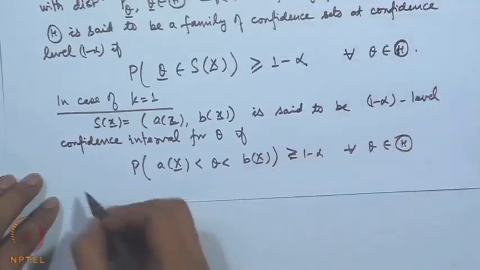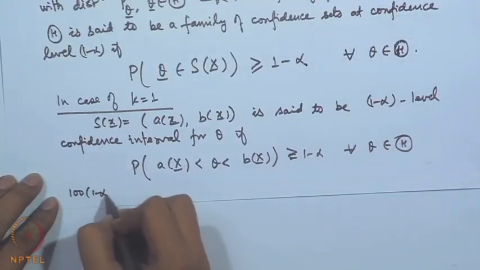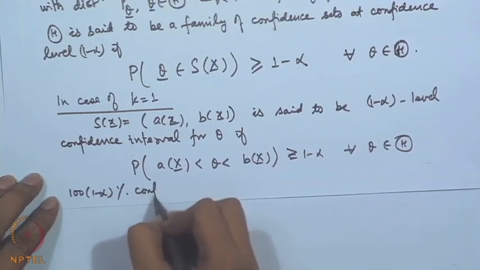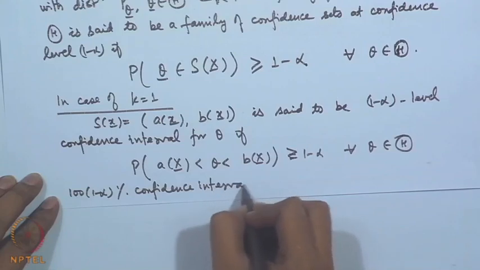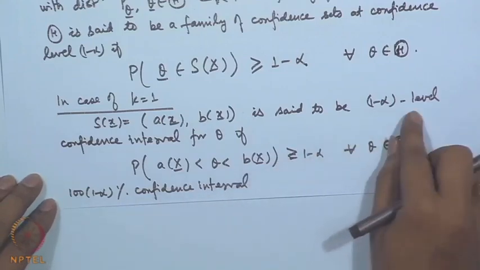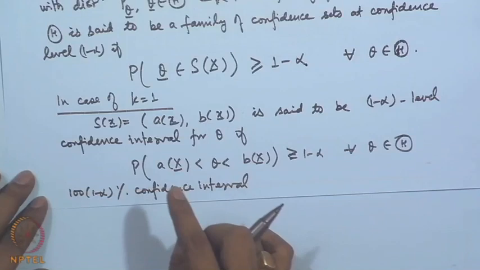It is also sometimes written as a 100(1 minus alpha) percent confidence interval. So, in place of saying 1 minus alpha, we also say 100(1 minus alpha) percent.